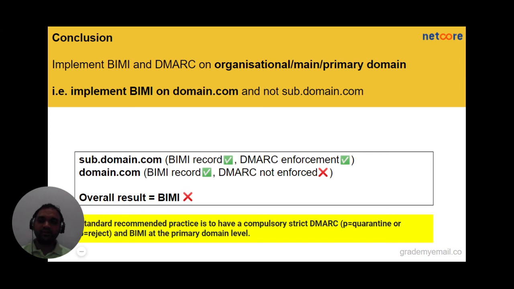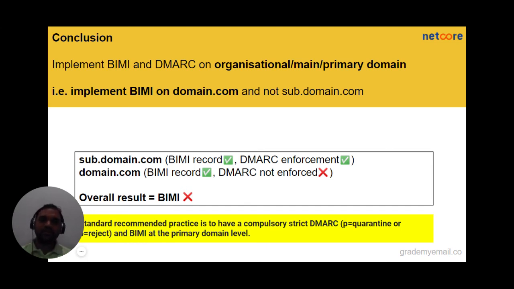Here on the screen you can also see that even if you have implemented BIMI and DMARC on the subdomain, but if DMARC is not enforced on the main domain, then overall BIMI as a compliance fails. Your email won't be compliant with BIMI, and the logo won't be visible with most of the mailbox providers.